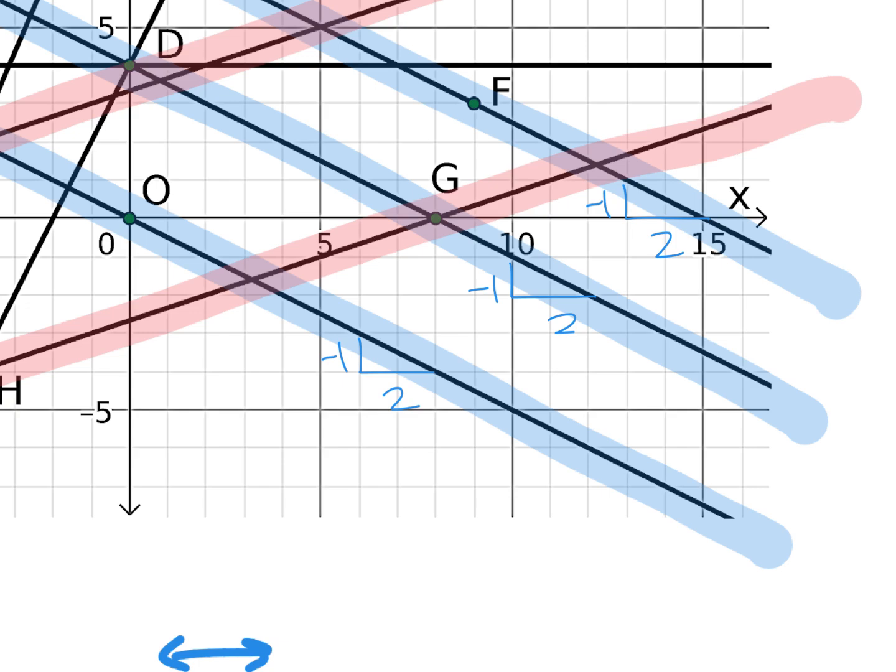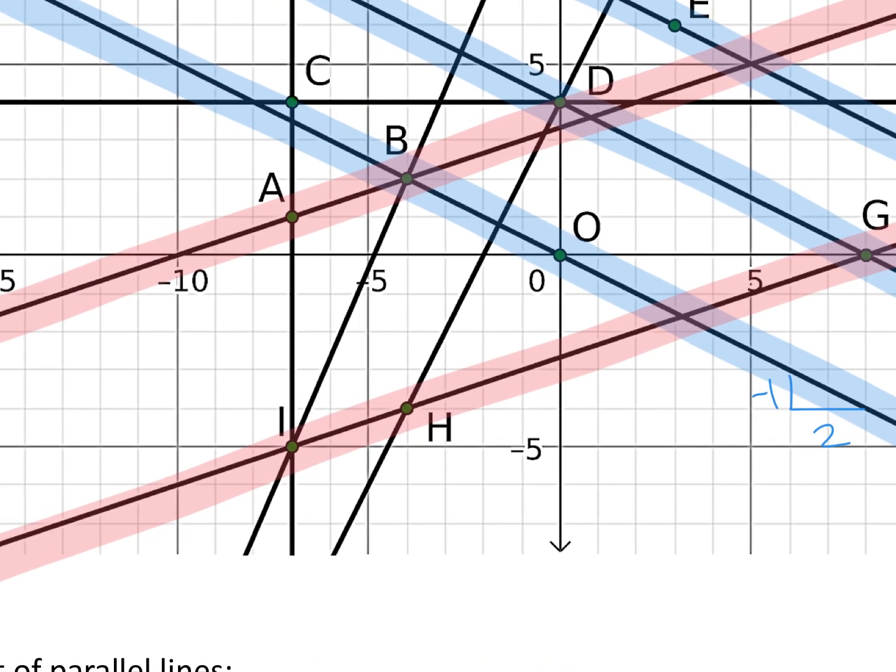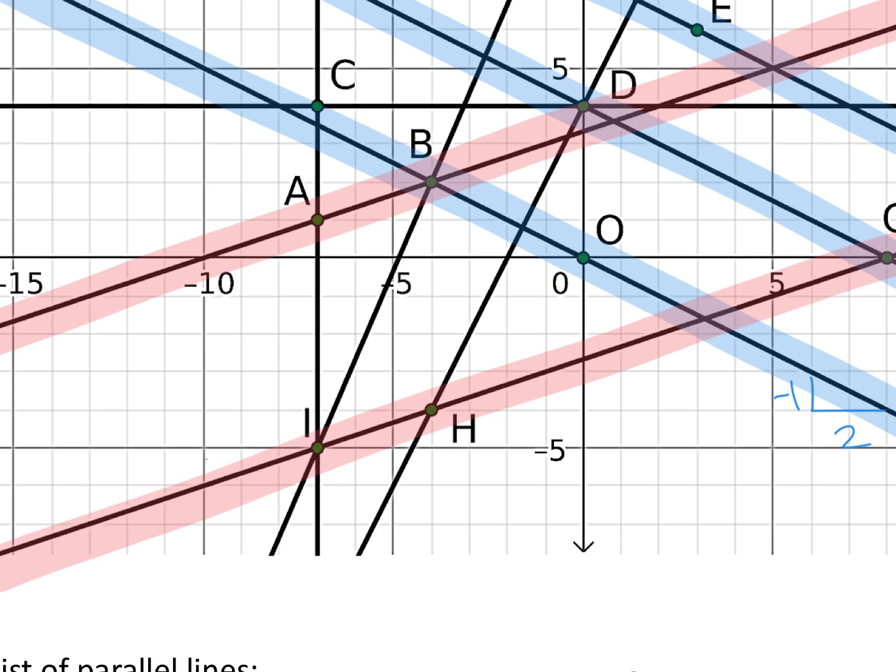Let's look at the slopes of the red lines. So for the red lines, it looks like I've got a slope of 1/3, so up 1, right 3, and the same thing happens on the top red line, a slope of 1/3.